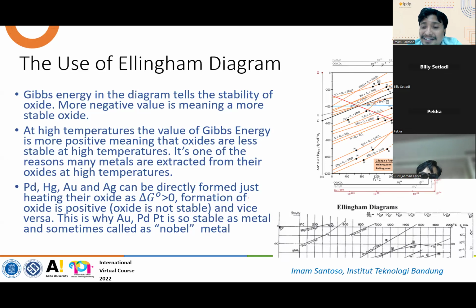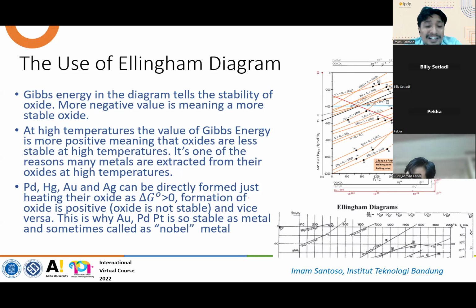Let's see the oxide, for example, of iron oxide. You can see here FeO: the Gibbs energy of FeO is higher compared to FeO at lower temperature, becoming more positive. This is the reason the oxide is not stable at high temperature, and the extraction or decomposition of oxide to produce metal is done at high temperature.